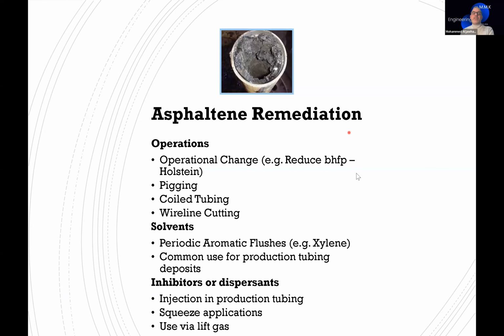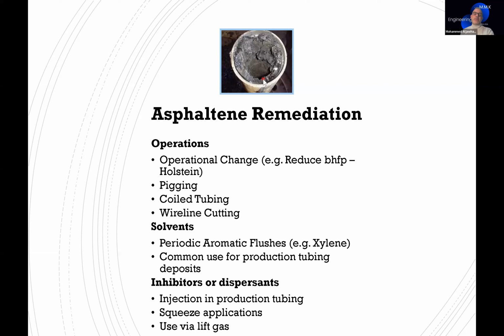So for asphaltene remediation, maybe an operation change, reduce bottom hole effluent pressure. Maybe it could help to remove that asphaltene, or pigging for the surface facilities, for the flow line. If we have asphaltene in the flow line, coiled tubing, we can do coiled tubing and lifting or injecting any polymer or solvent to remove this asphaltene from the wellbore.